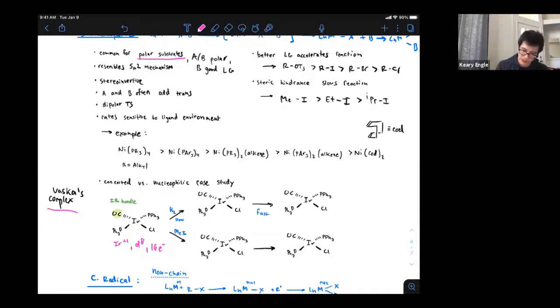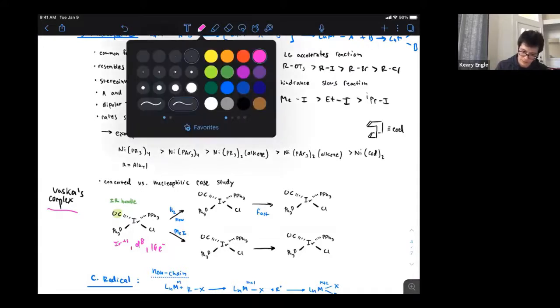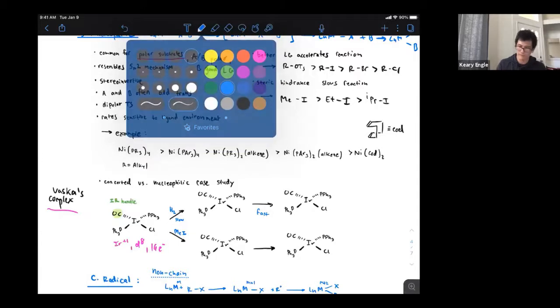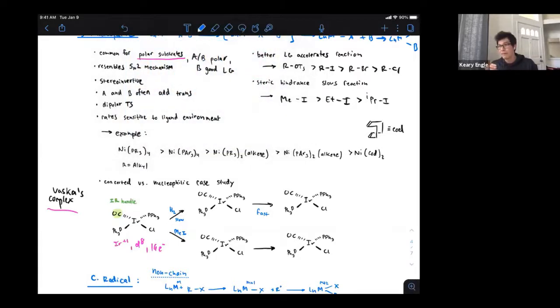Maybe just a very brief tangent. I think part of the power of Vaska's complex, when it was developed in the early 1900s, is that it undergoes a remarkably broad range of oxidative addition processes, including processes that involve mechanistically distinct steps. And it has this convenient carbonyl that is an IR handle for monitoring reaction progress.